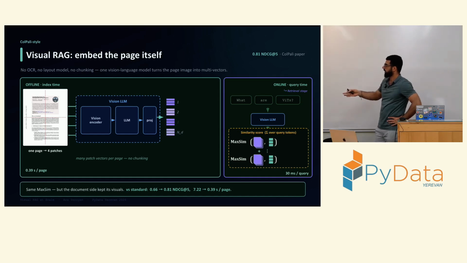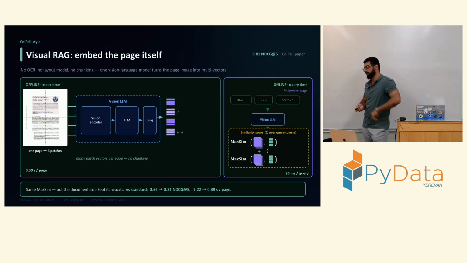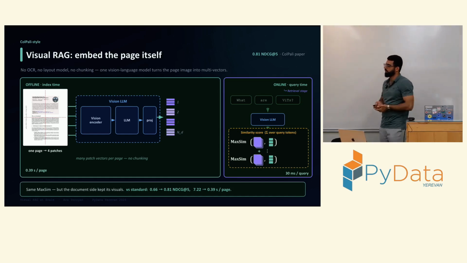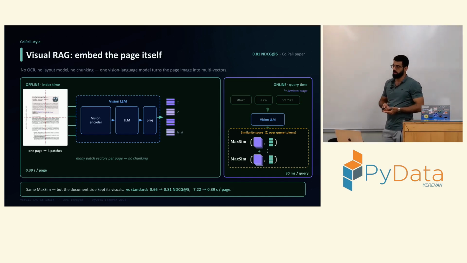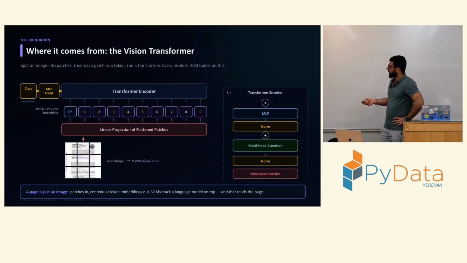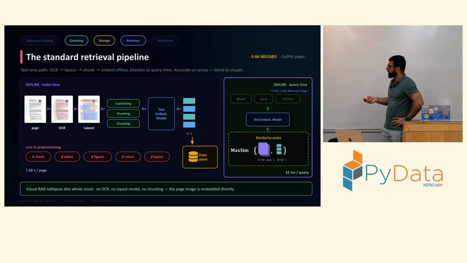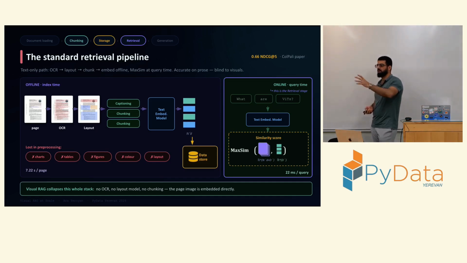Putting things simply, they provide a representation per patch. So let's say they divide the image into 1,000 small patches. It means for one page, these vision models provide 1,000 embeddings. This is how they describe what's in the image. In contrast to the regular approach, where per text chunk we get one embedding, and usually one PDF page is like 3 to 4 chunks, so 3 to 4 big vectors that represent your page.